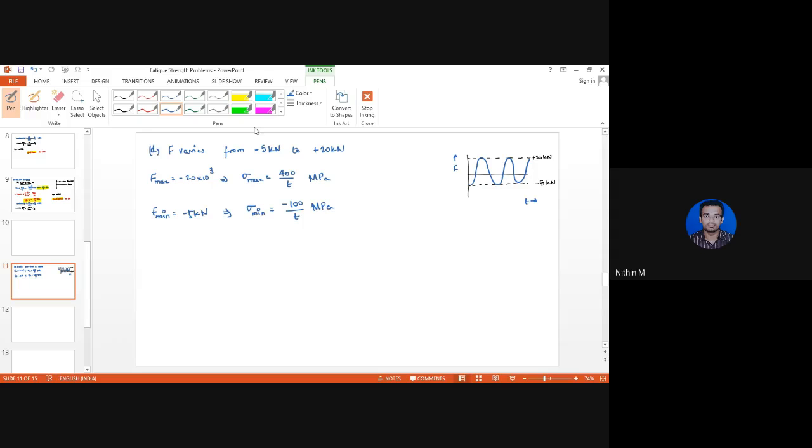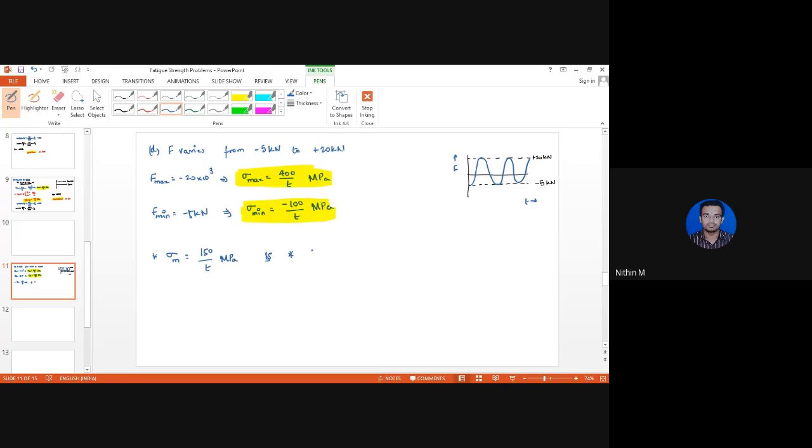Is this correct? Right? Now calculate the values of sigma m as well as sigma a. So mean stress sigma m is 400 minus 100 by 2. 400 minus 100 is 300, 300 by 2 is 150. So sigma m will be 150 by t MPa.